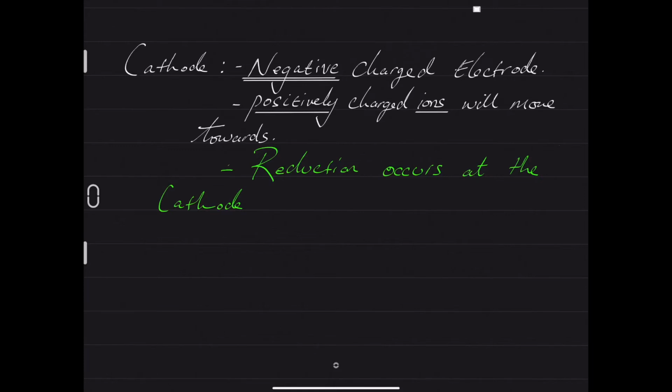I'm putting this statement here so it's in your notes when you revise: reduction occurs at the cathode. As a side note, recall from our previous lesson that reduction is gain of electrons.